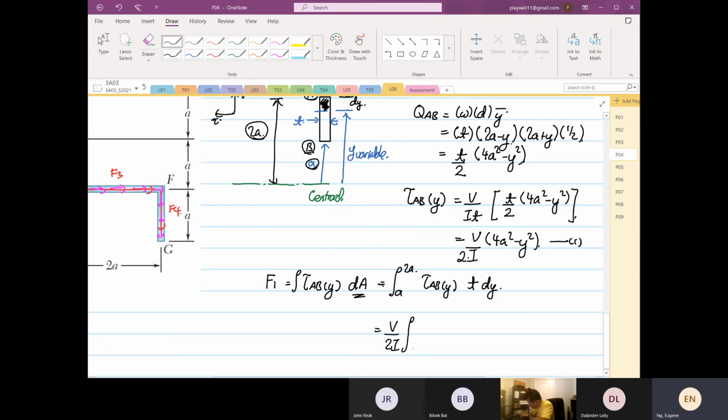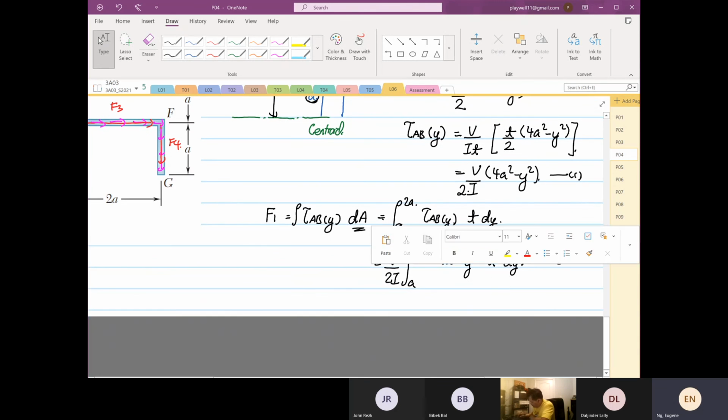You integrate between A and 2A, 4A squared minus Y squared, T, right? And then dy. In fact, T, you can bring it out. Okay, so I'm going to copy this again. I'm going to write on the next page.